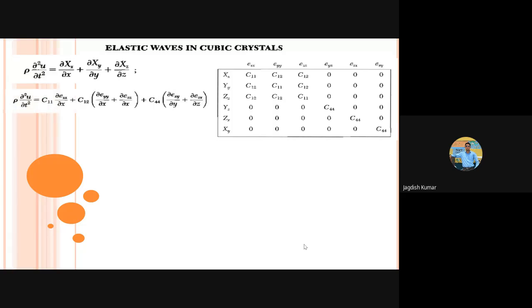So what will this equation then become? This equation will become rho del square u over del t square, which is equal to C11, what came from here. We are taking this part, del exx over del x, plus C12 del x. Now we have to take del sigma xy, right?